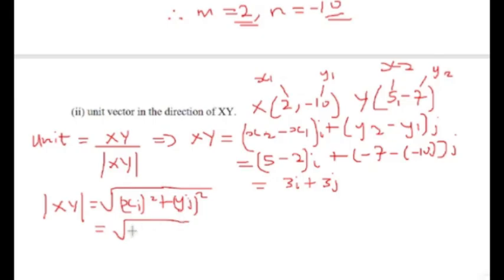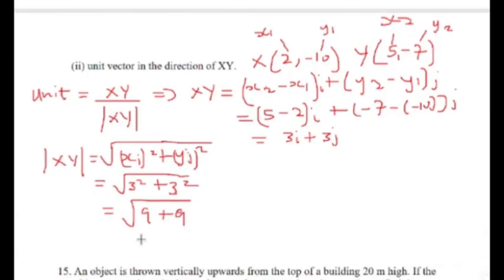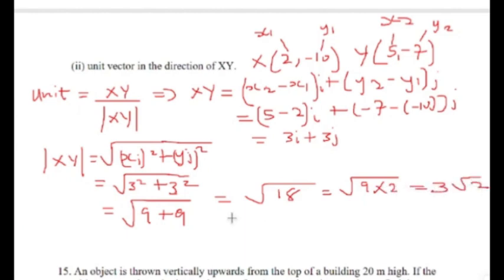We get 3 squared plus 3 squared. So that gives us 9 plus 9, which is equal to root 18. Okay, remember we can factor this, 9 times 2, which finally gives us 3 root 2.